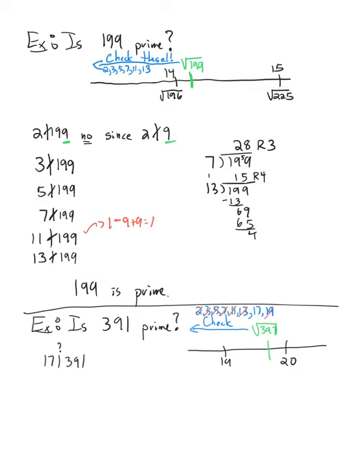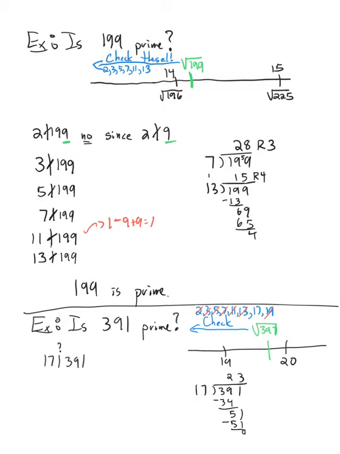But 17, if we do the long division, 17 into 391, 17 goes into 39 twice, subtract, we get 34, remainder 5, 17 goes into 51 3 times exactly. Hey, look, 17 times 23 is 391.